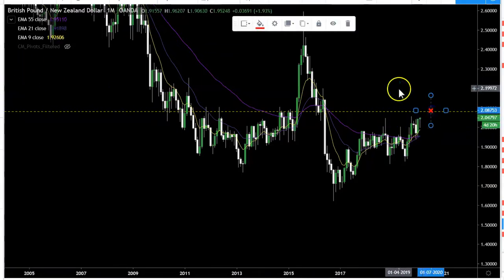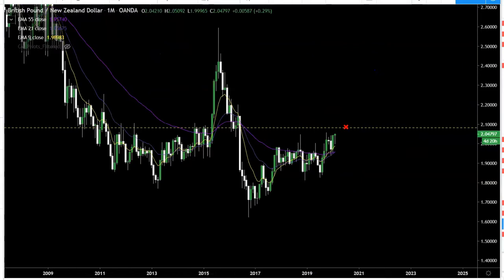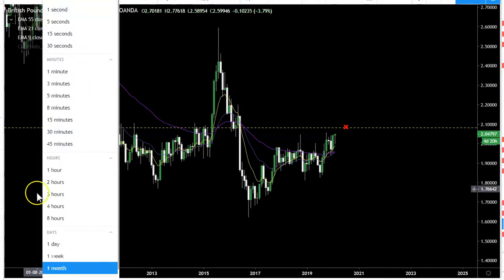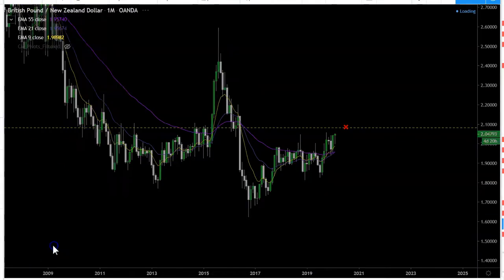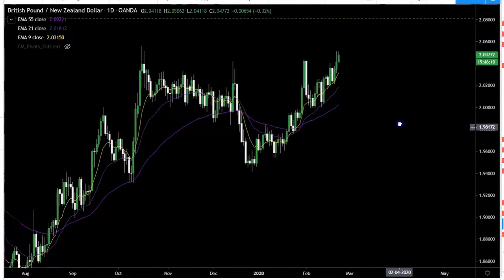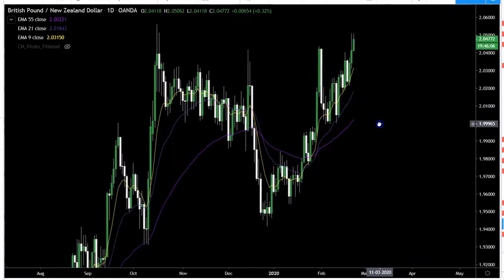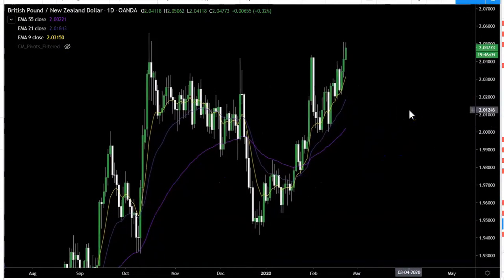If you're in this trade, let me encourage you to take your profits when you hit this, and then wait to see what's going to happen. There's still a lot of volatility around the pound, particularly while the negotiations are going on between the UK and the European Union as to exactly what rules they're going to play by with this new relationship that they've entered into.